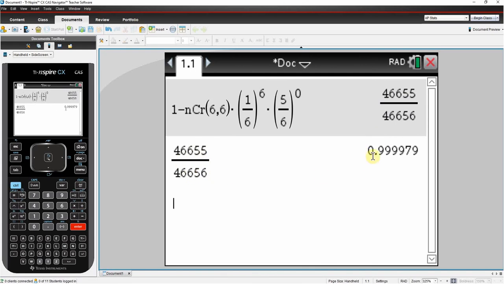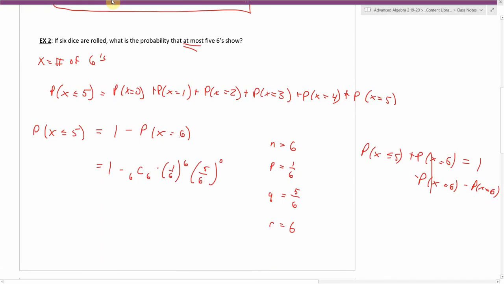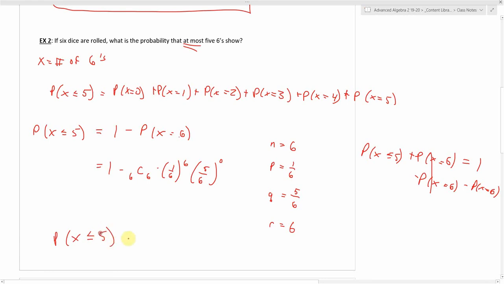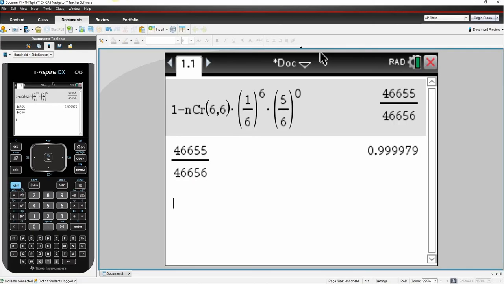And in fact, the probability ends up being 0.999979. Lots of 9s. So our probability that we would get at most 5 sixes is very, very high.